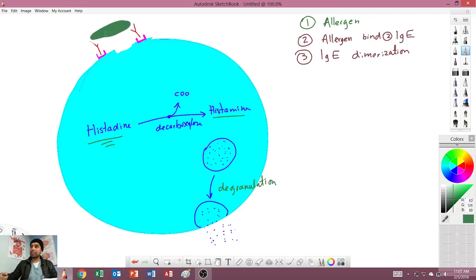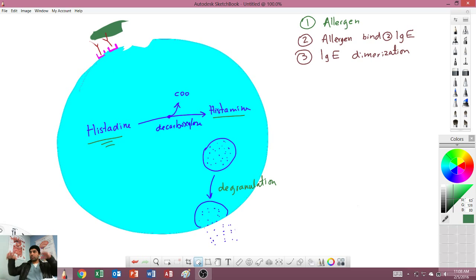When this allergen attaches to two IgEs at the same time, it allows these IgEs to contract. It pulls the two IgEs together. That's called dimerization. This is known as IgE dimerization.